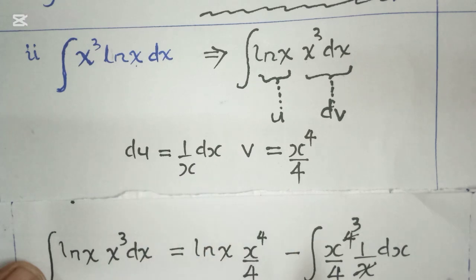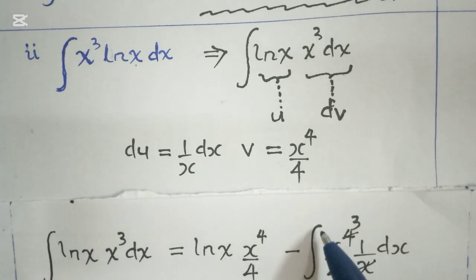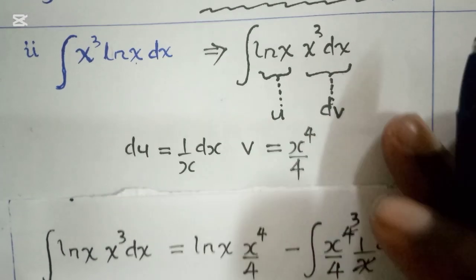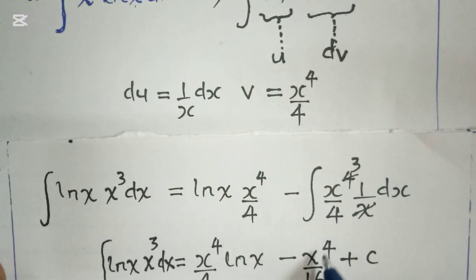And our du is 1 over x dx. Because of that now, guys, we can cancel one of the x here. We remain with 3 x's, that is x raised to 3. So from there, guys, we can now integrate this integral. Because now that integral will be x raised to 4 all over 16.